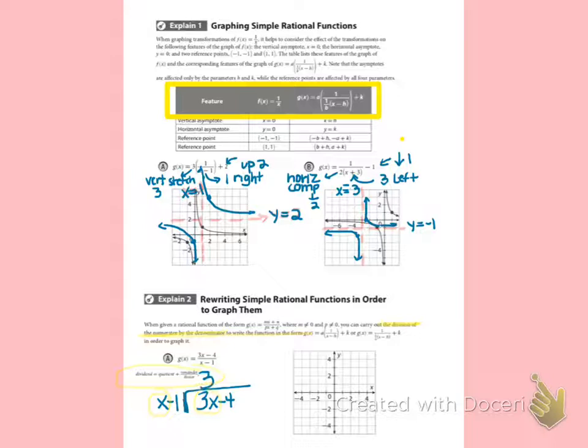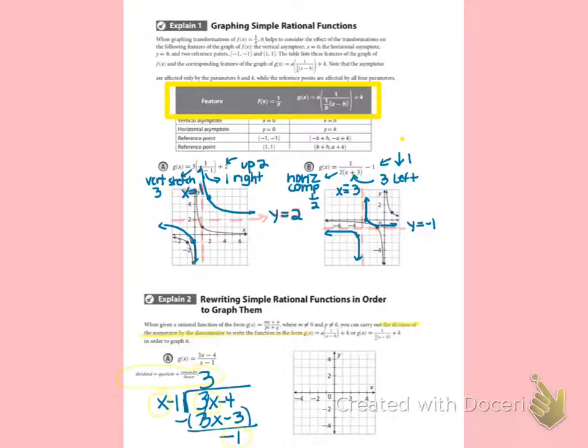And then taking the 3 and multiplying it by x minus 1, I get 3x minus 3 that I'm going to subtract from above. And when I subtract 3x from 3x, they cancel. When I subtract negative 3 from 4, I get negative 1. And so now I can't go any further with my dividing, so that negative 1 is like the remainder.